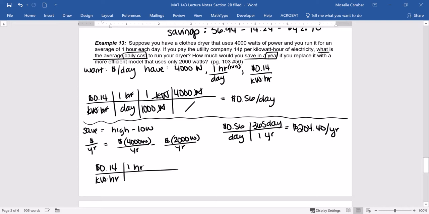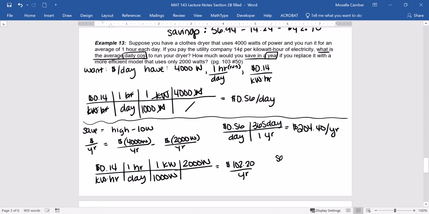So convert the 1 hour run per day, convert the kilowatts to watts, and this time I'm only using 2,000 watts instead of 4,000 watts. So again, I have 14 cents times 2,000 divided by 1,000, and I get $102.20 per year.